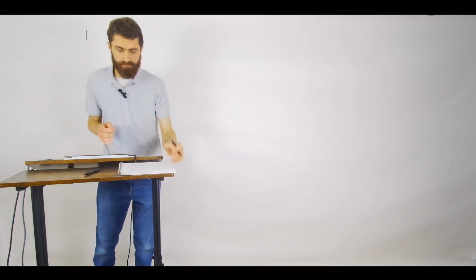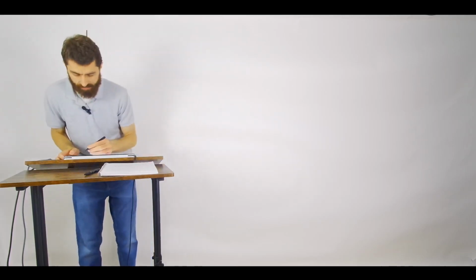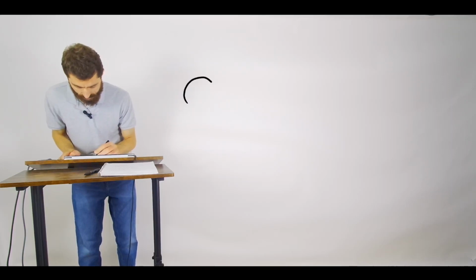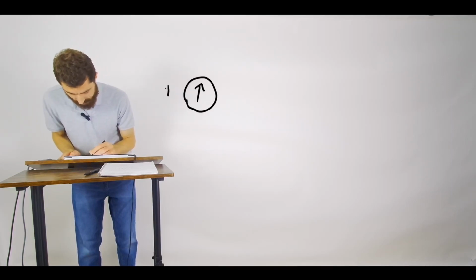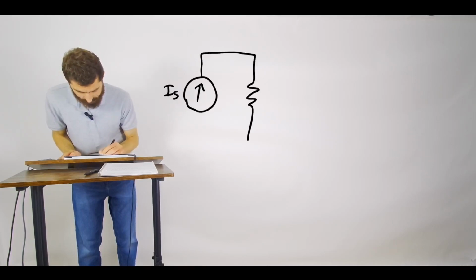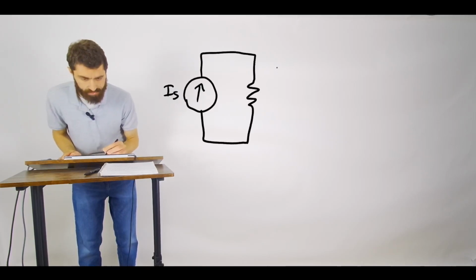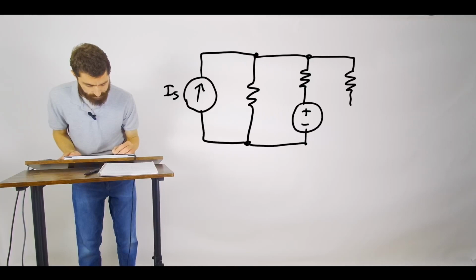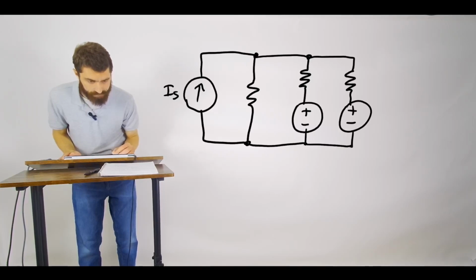So let's say you have the following circuit here. You have a current source, IS, and then you have a resistor in parallel here, and then a voltage source, another resistor, another voltage source.